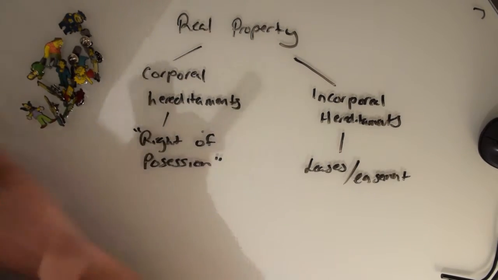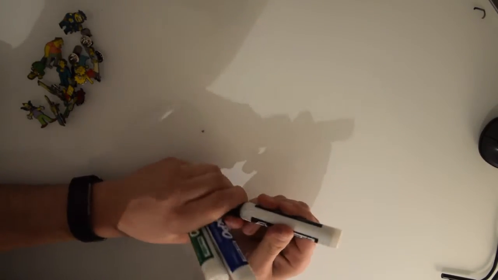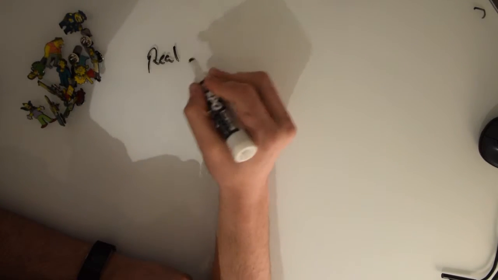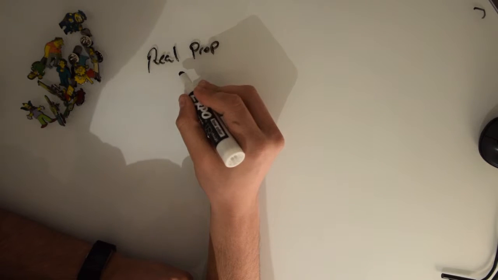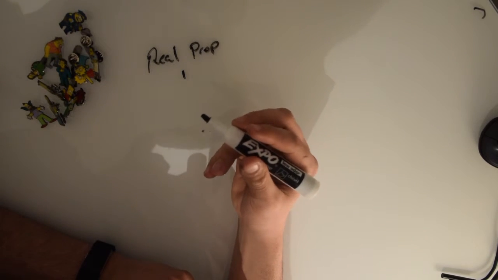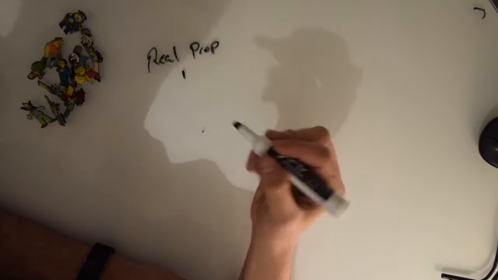Now, one thing that must be addressed is what are the ramifications of the distinction between real and personal property. Real property can only enforce a contract of land if there's an agreement in writing.